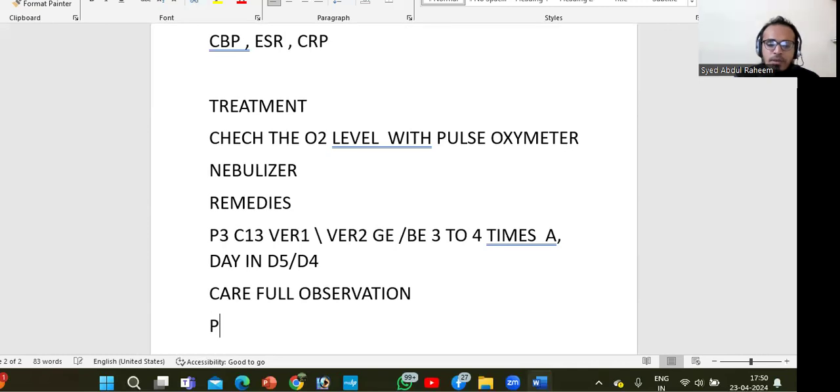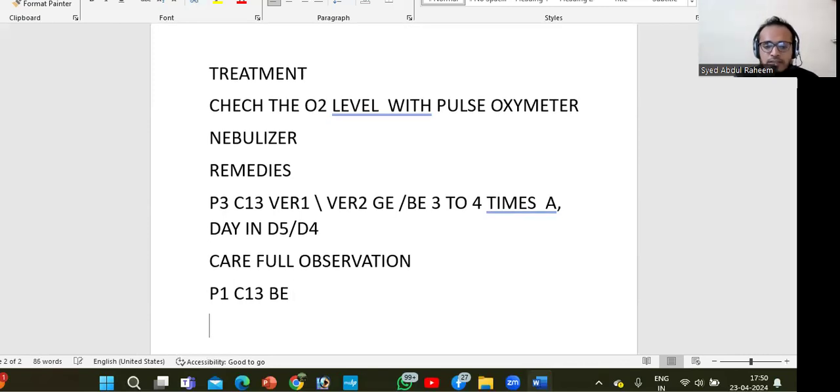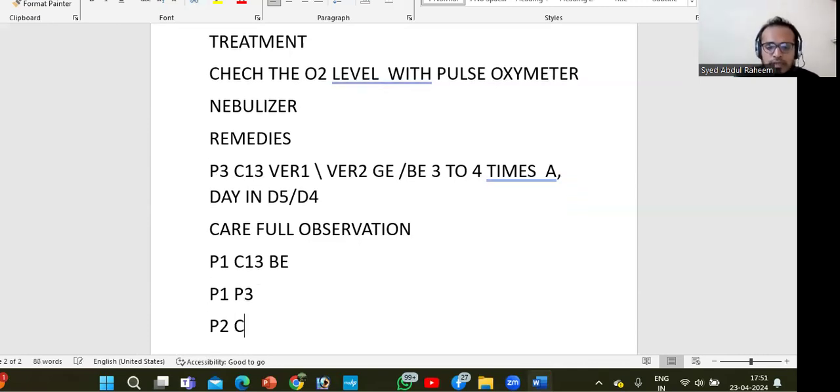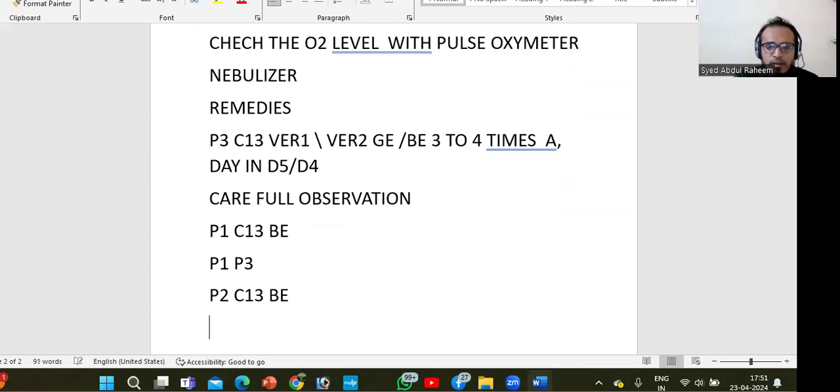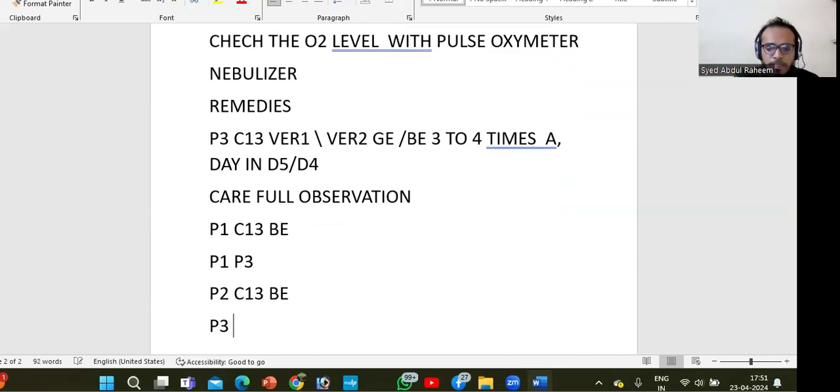And other remedies: P1, C13, B. Next is P1, P3. And we have P2, C13, again B, and P3, C13, C5, Word 1, G here.